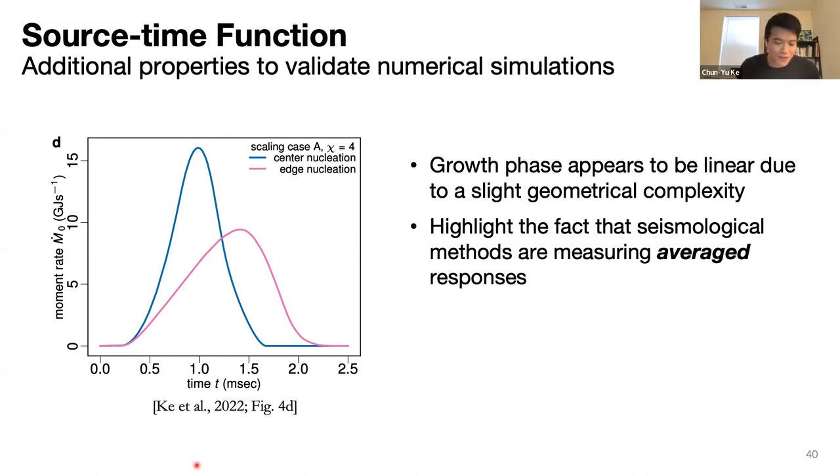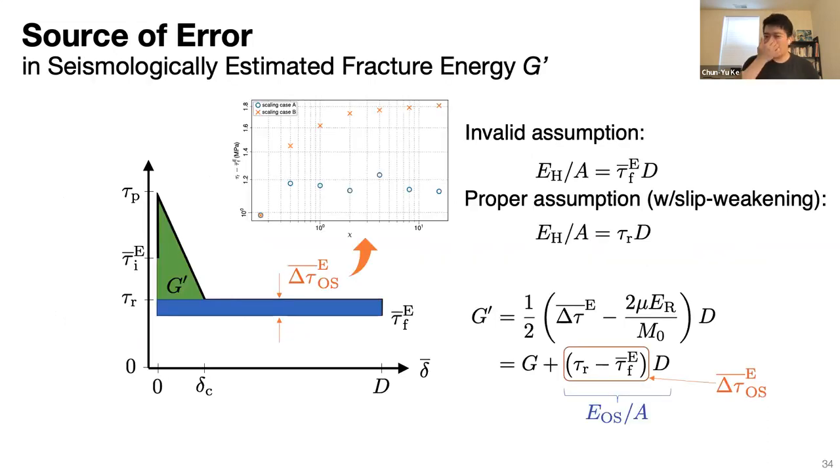Yes, I think it's definitely worth exploring with more complex stress distributions, maybe a random fractal distribution of initial stress. Sorry, I don't recall the name off the top of my head right now. But what we are doing here is trying to use the most simple case to find the bug in what we have been doing.